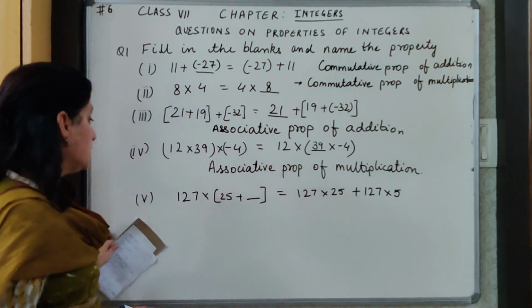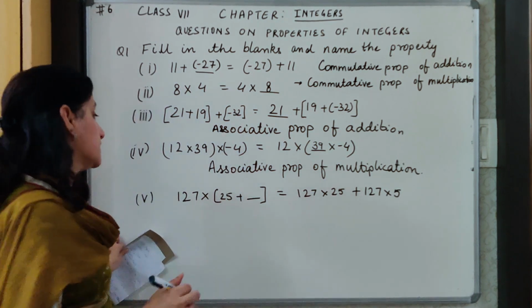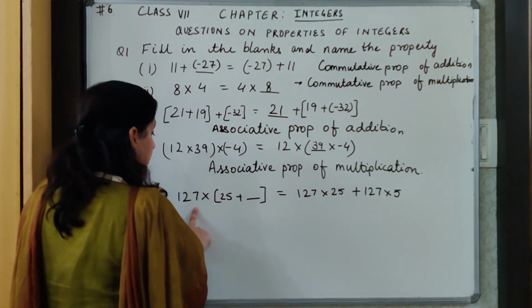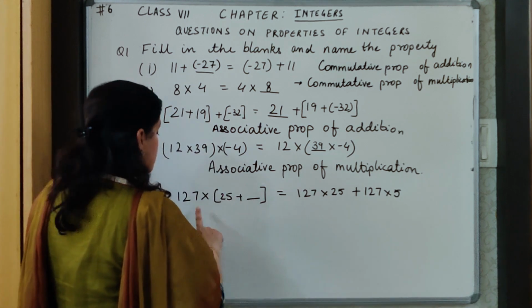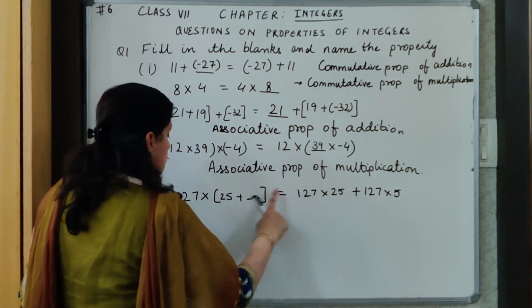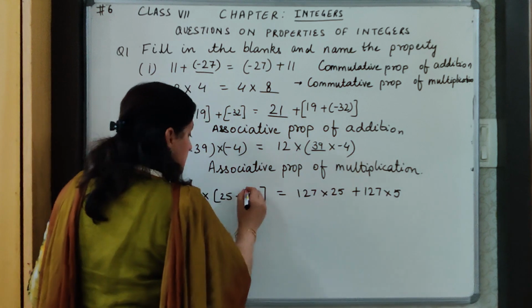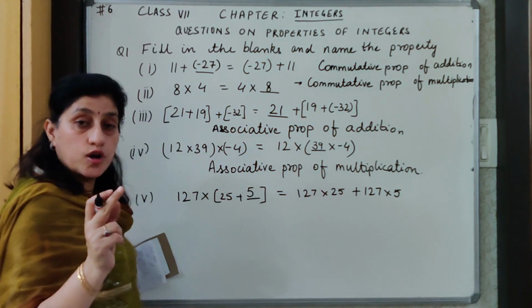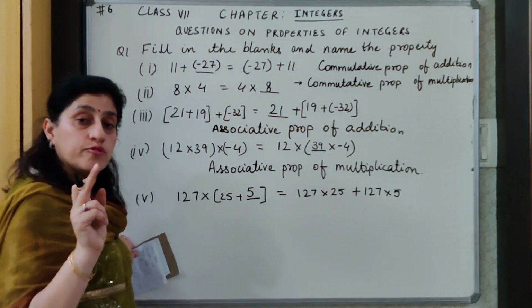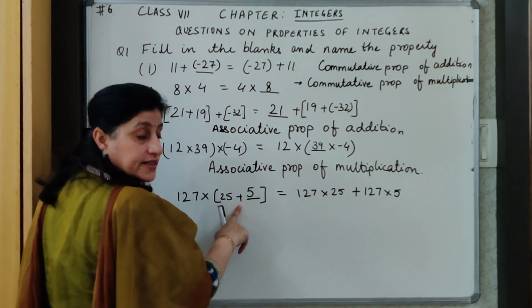Now we have to look at what is given to us and what property can be applied in this. So I can see there is 127, and in the bracket there is 25 and one more number. This side, 127 is distributed to 25 and to one more number. So this dash is that other number, and this property becomes the distributive property of multiplication over addition.